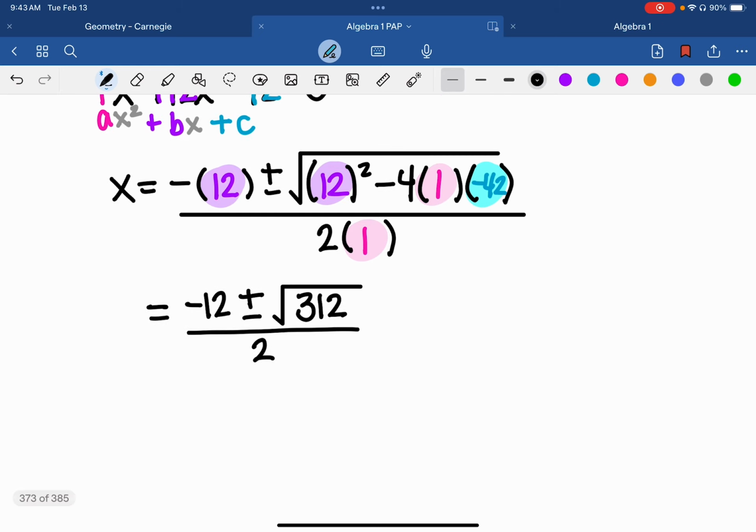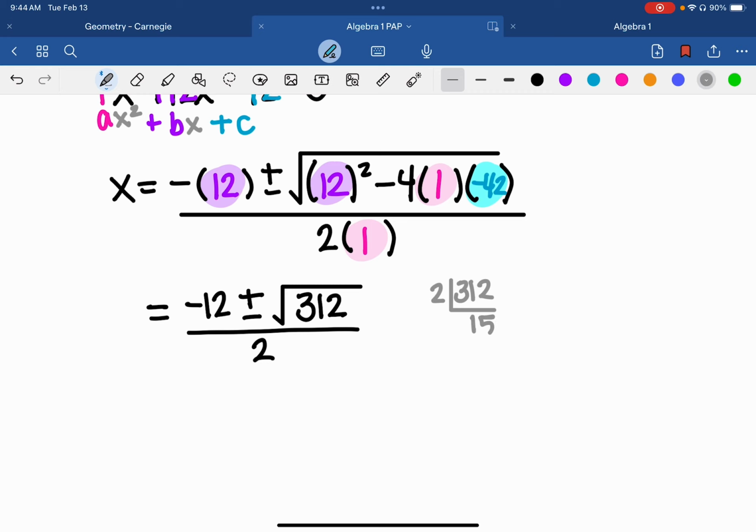Now I'm going to take my 312 and do the prime factorization. So I'm going to take 312 and start dividing it by prime numbers: 2, 3, 5, 7, 11, 13, but those are probably the ones most commonly used.